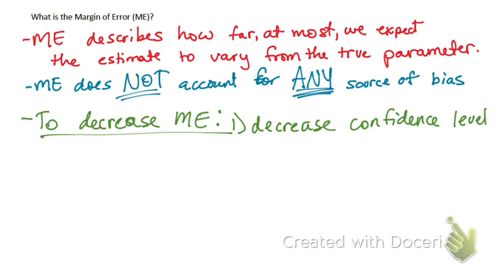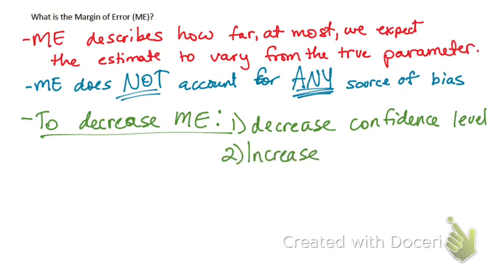Colin: Are we trying to get the smallest margin of error with the highest confidence? Okay, I got you. Yes, we're trying to get the smallest margin of error with the highest amount of confidence. So let's say we're like, you know what? I'm already at only 90% confident. I don't want to change my confidence. So how can I shrink my margin of error but keep the same confidence level? Here's another way you can decrease that margin of error.